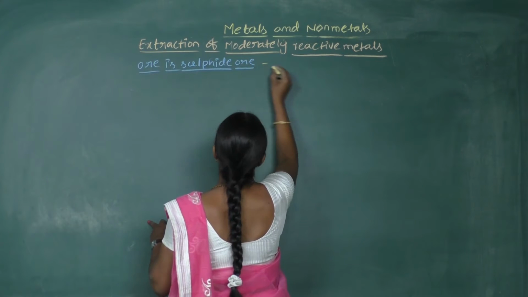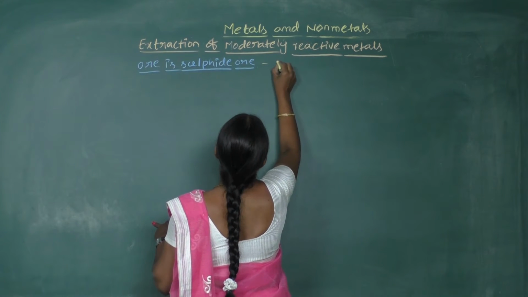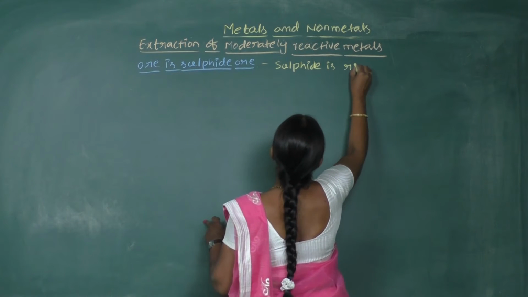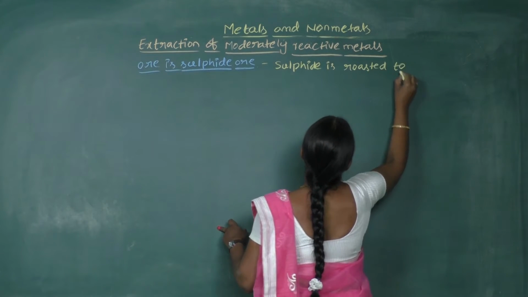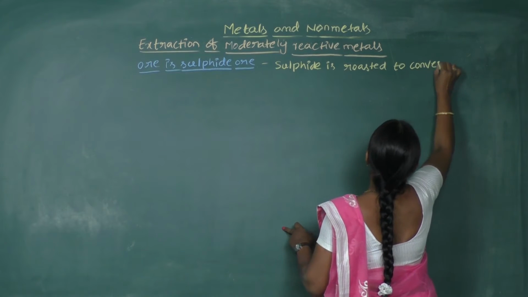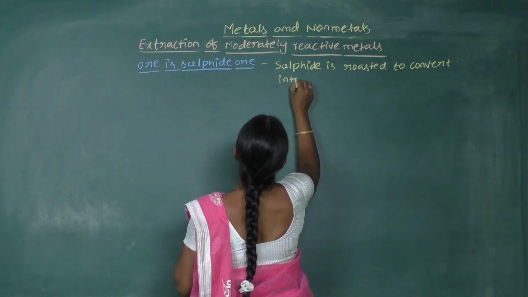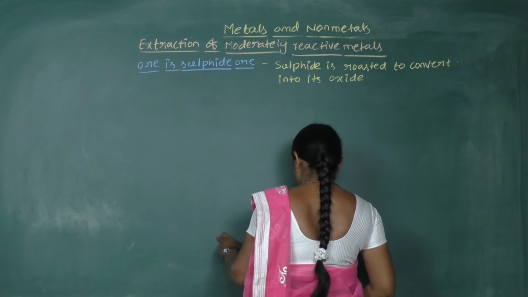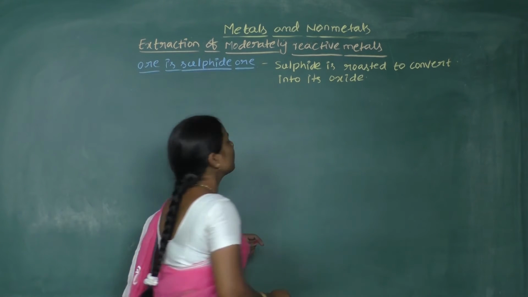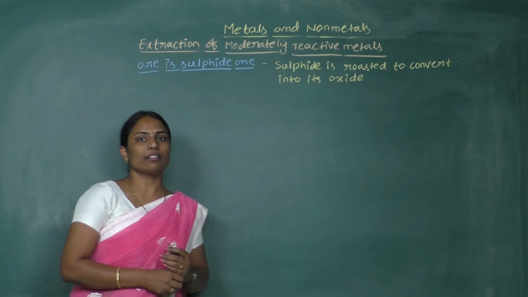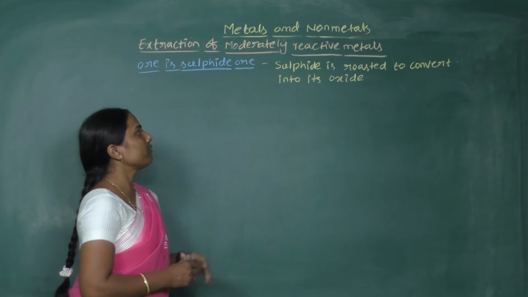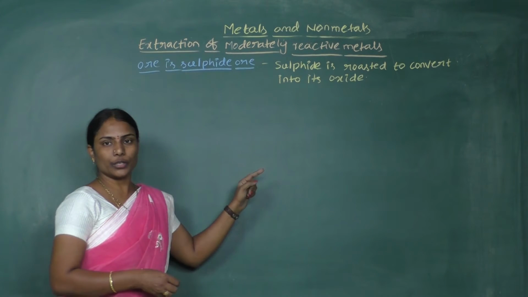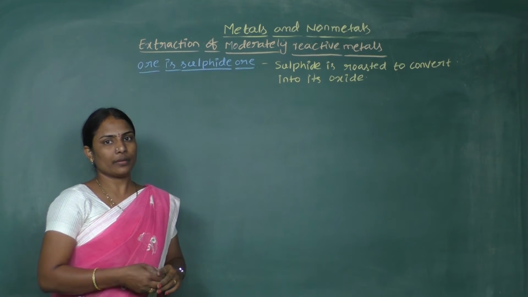In the previous sessions we have discussed this. The sulfide is roasted to convert it into its oxide. So what is the procedure we follow? If the ore we have selected is sulfide ore, then the sulfide ore is roasted so that it is converted into the corresponding oxide.